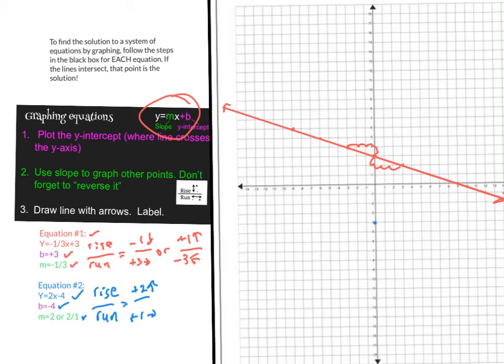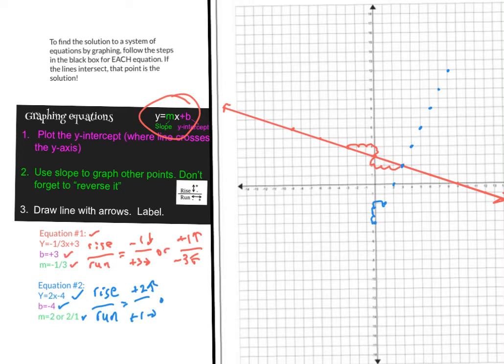So I go up 2, right 1, and I put my dot. Up 2, right 1, up 2, right 1. Oh, I see something that looks interesting already. Do you notice it too? Going to keep going. I can see my line forming, but I also want to reverse it.